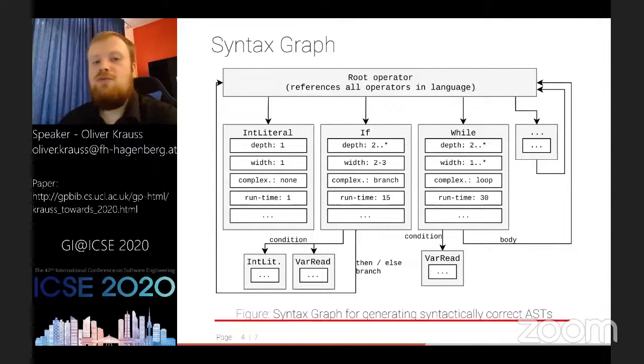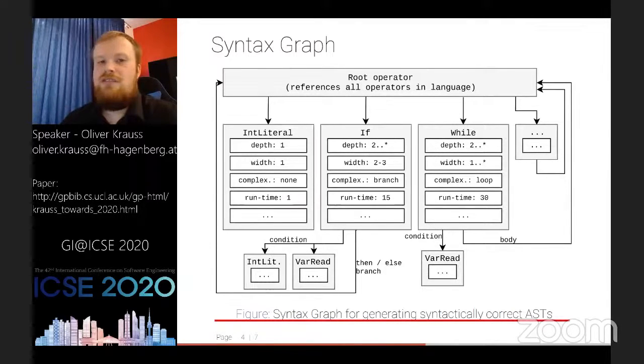This would mean literal values, or, for example, an if or a while loop. And every single concept in here then has relationships to other nodes that say, okay, if I have an if condition, you have to put specific sub nodes in there so it's syntactically valid. That's just basic grammar-guided genetic programming.